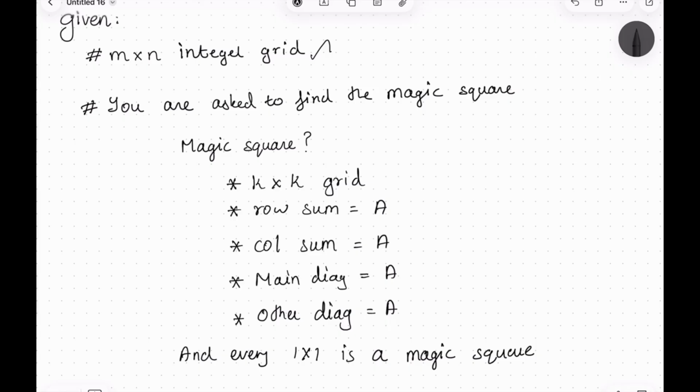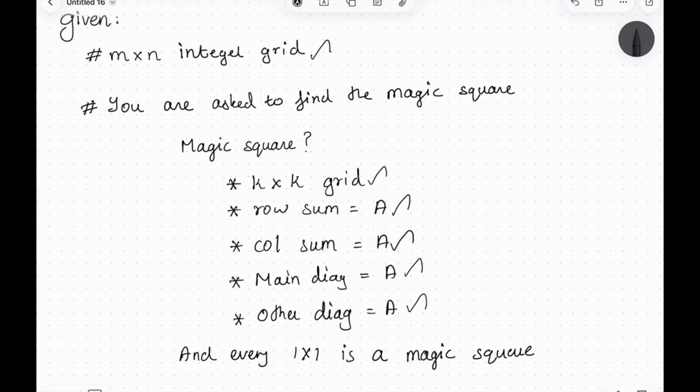So a magic square is a k cross k grid, which means we are forming a square from the given grid, and the row sum of the grid should be equal to a, and each column sum also should result in a, and each row sum also should result in a for the particular square, and the main diagonal sum also should result in a, and the other diagonal's resultant sum also should end up in a.